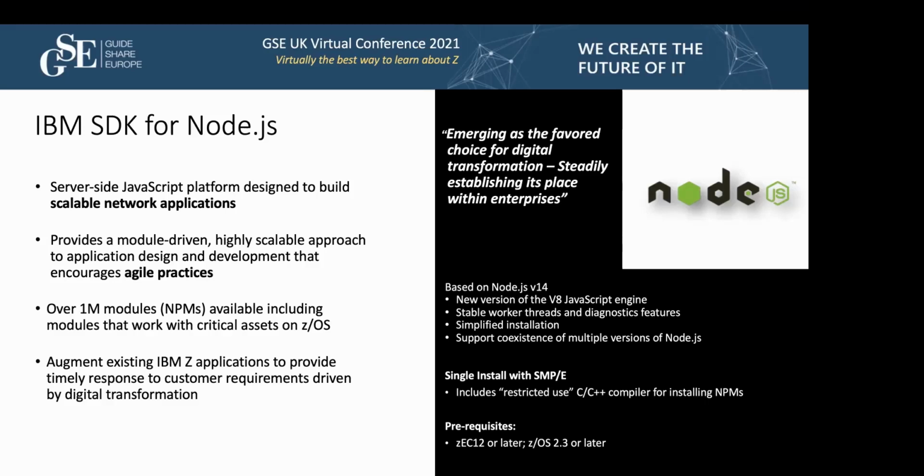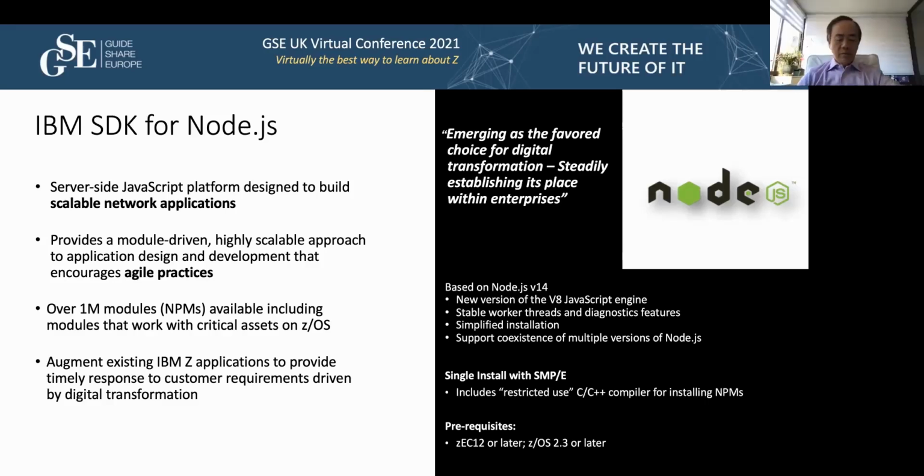Perfect. Okay. So let's start with Node.js. Node.js is really a widely used application platform. Its popularity is driven by the number of NPMs, or node package modules, that are available for people to incorporate into their applications.